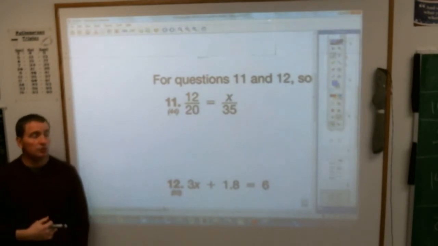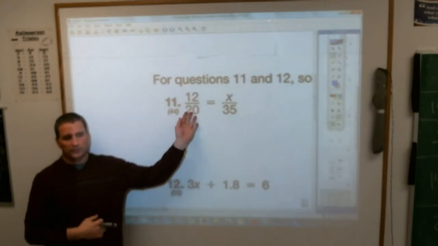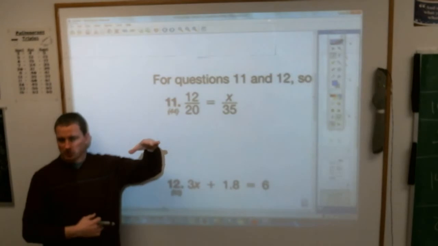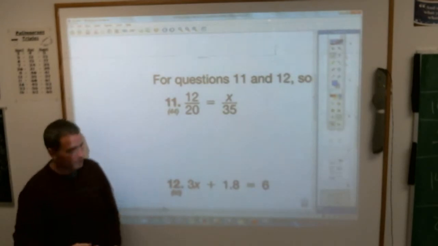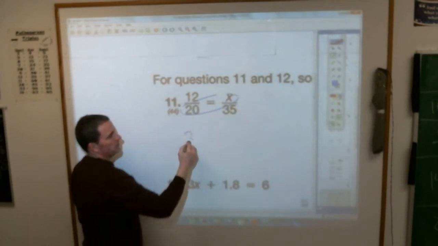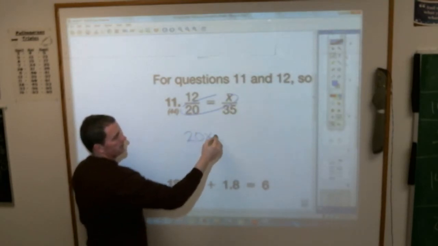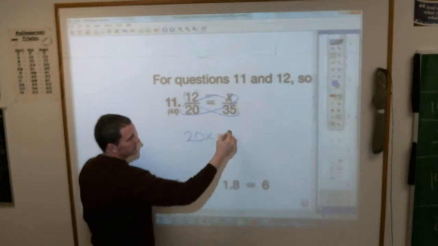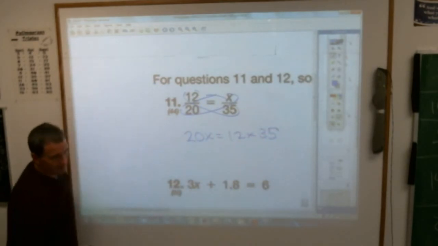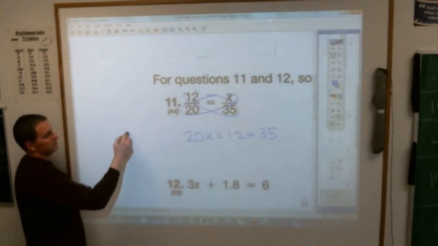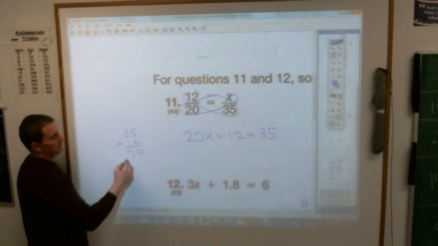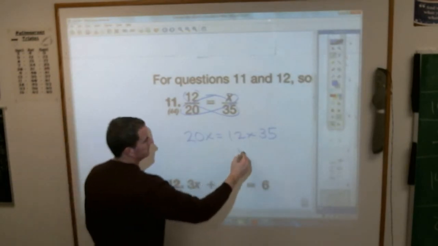Now remember, people, there's a difference between cross-canceling and cross-multiplication. Cross-canceling is when you multiply 2 fractions and you can reduce them before you multiply. That's not what we're doing here. Here we are cross-multiplying: 20 times x equals 12 times 35. 12 times 35, anybody? 420? 35 times 12 is 70, 350, yeah, 420.